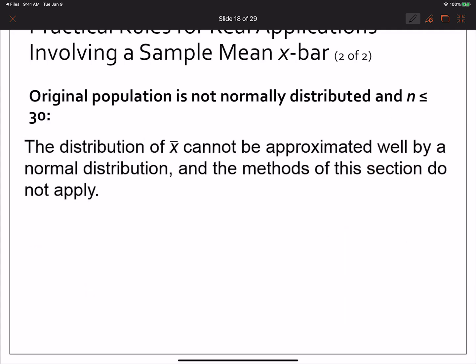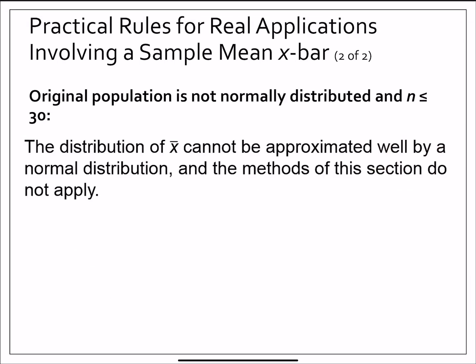Now, if we have a situation where our original population is not normally distributed and our sample size is less than 30, then guess what?